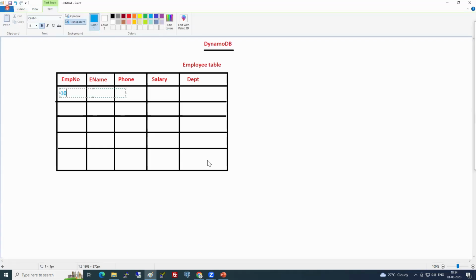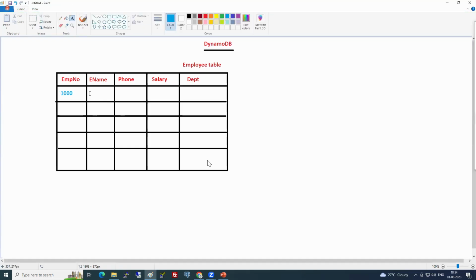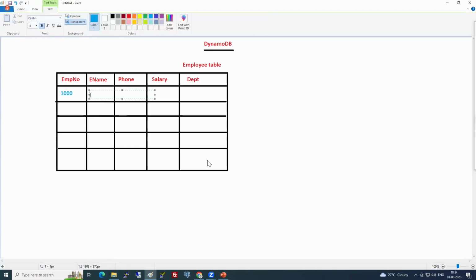I'll say 1000 as the employee number. Whose name? Pavan. So this is an employee number, then the employee phone number. I don't have space, so I'll put salary. How much do you need? 20 lakhs.